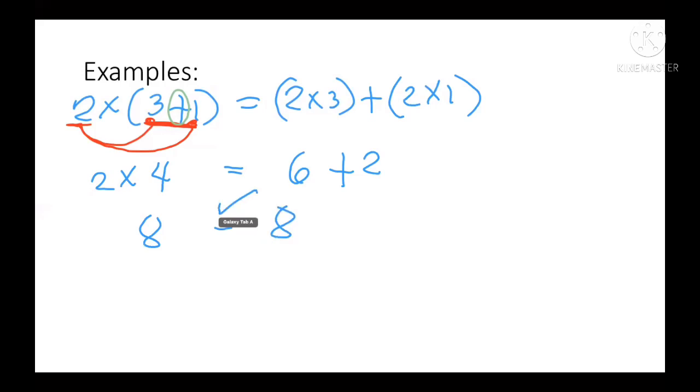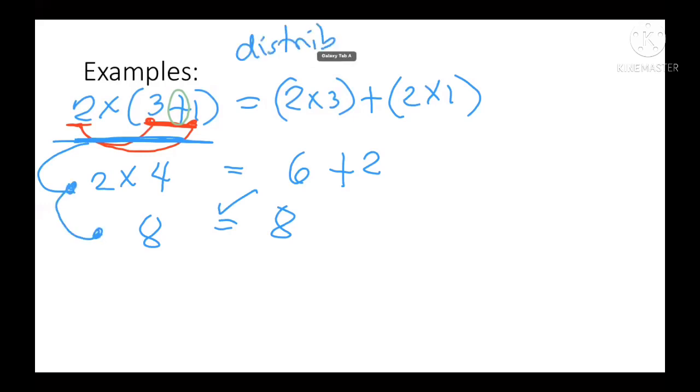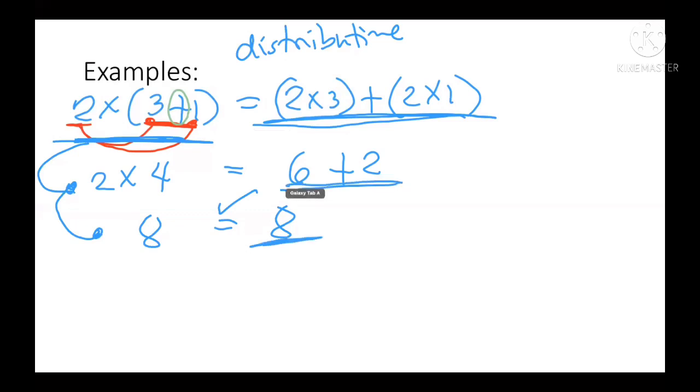So you can do this and continue to here, up to here, or you will use the distributive property and it will show us like this and like this, and then we have the answer.